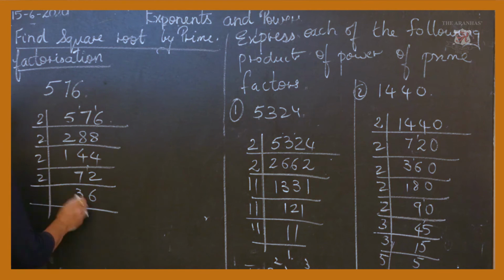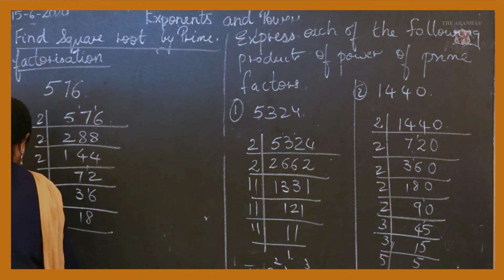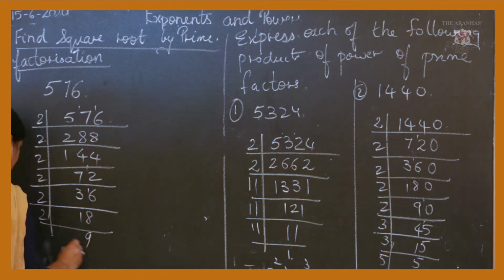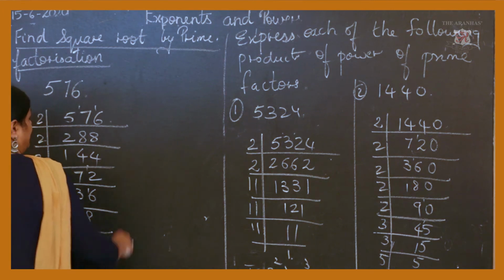Okay. Then 2 ones are 2, 2 eights are 16, 2 nines are 18, 3 threes are 9, and 3 ones are 3. Okay, so you have done this as your prime factorization.